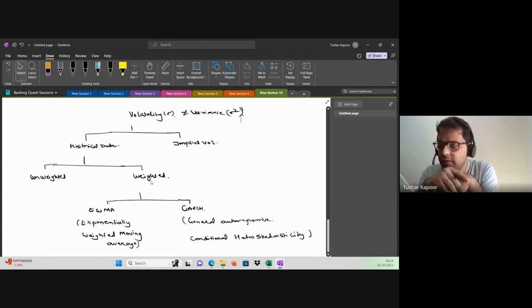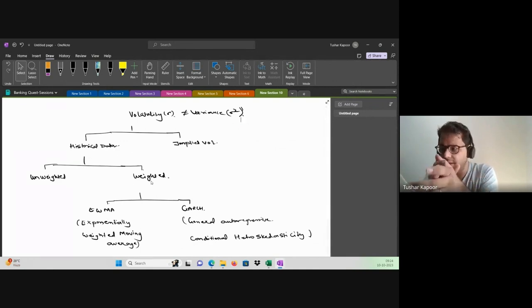So volatility, which is my standard deviation, can be calculated in certain ways. I can use either the historical data, which has a historical component to it, or I can calculate it via implied volatility. So what is the way through which volatility can be calculated? Use historical data or implied volatility.